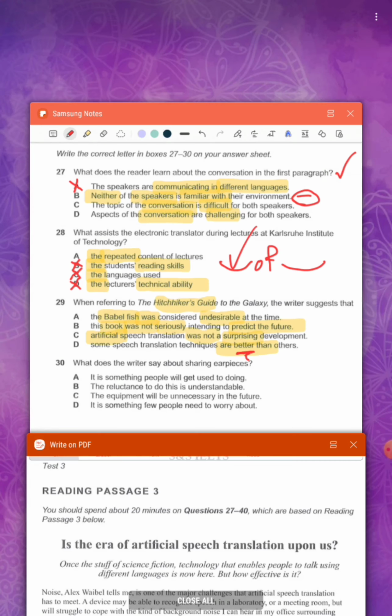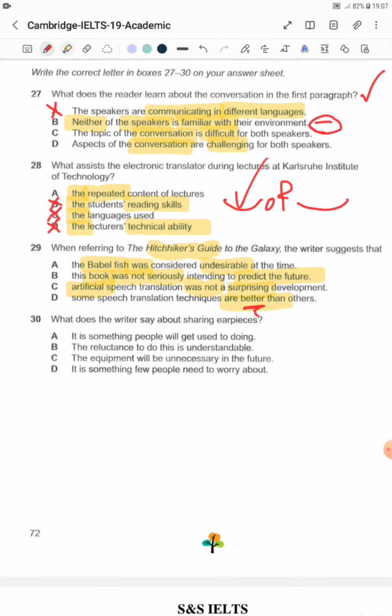Number 30. What does the writer say about sharing earpieces? What should we look for? We have to look for what the writer says about sharing earpieces. Okay, now let us check the appropriate keywords in order to search faster, in order to scan faster. You can see a to-that.